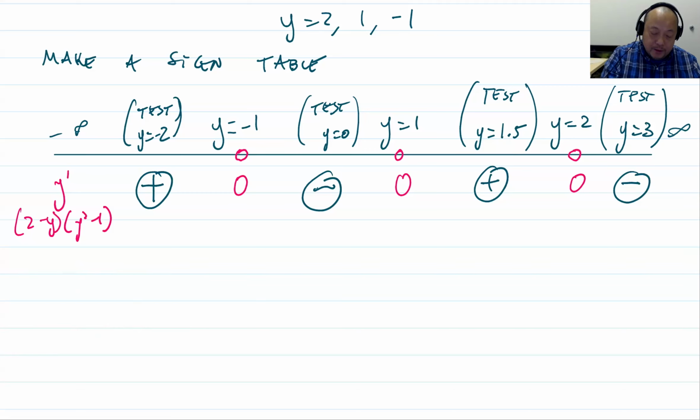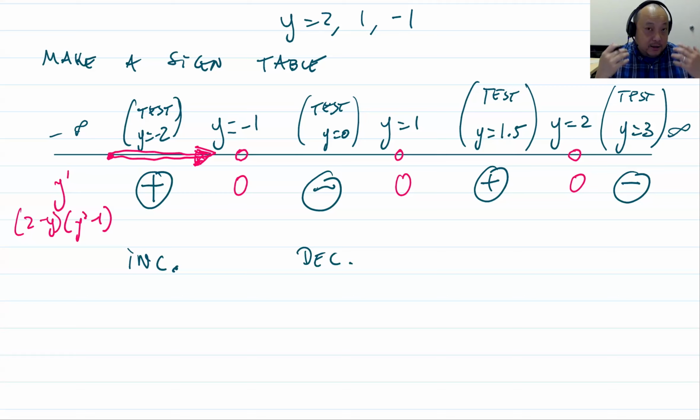Now what do I do? For this interval, y prime is positive. It means the solution curves over there are increasing. And on a horizontal number line, increasing means going to the right. So on the number line here, I'm going to draw an arrow that goes to the right. Now the interval between negative 1 and 1: y prime is negative, and therefore the solution curve is decreasing.